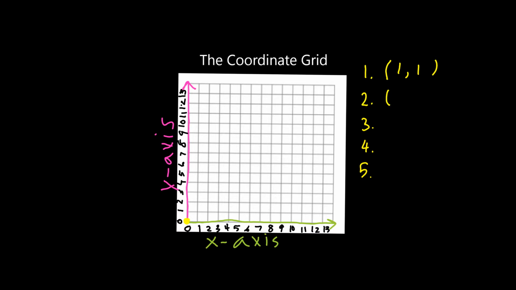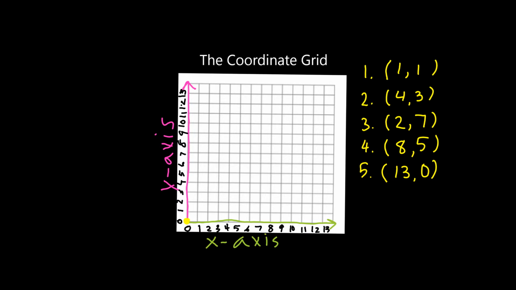The second one will be 4, 3. We will do 2, 7, 8, 5, and 13, 0.